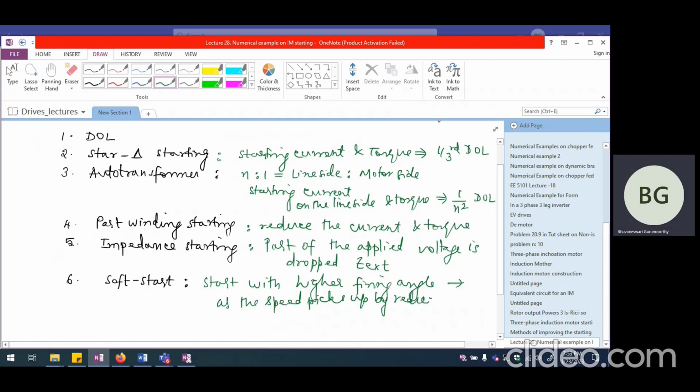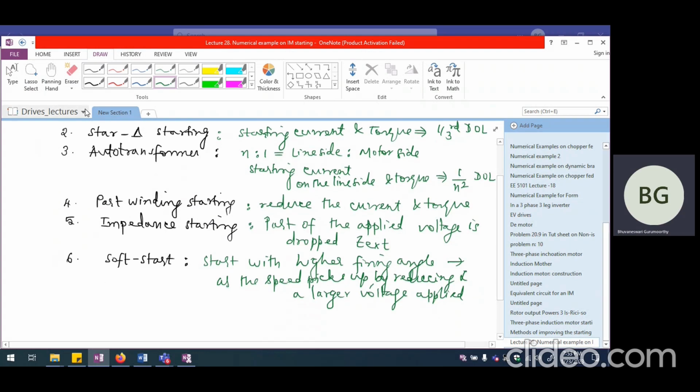As the speed picks up, by reducing alpha, a larger voltage will be applied. So this is the next method of starting we talked about.